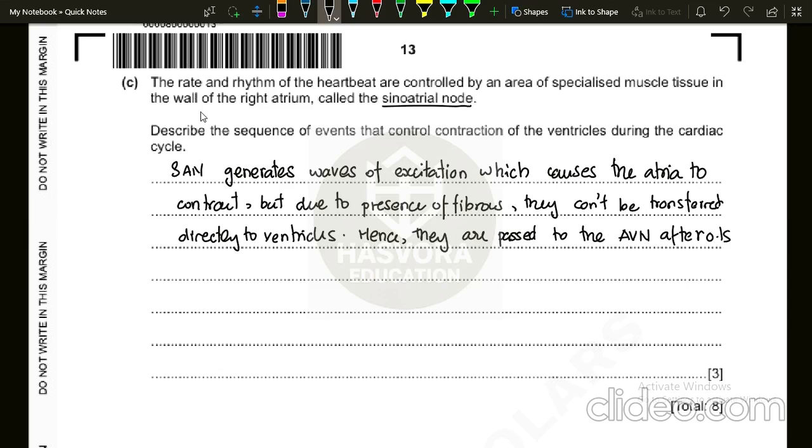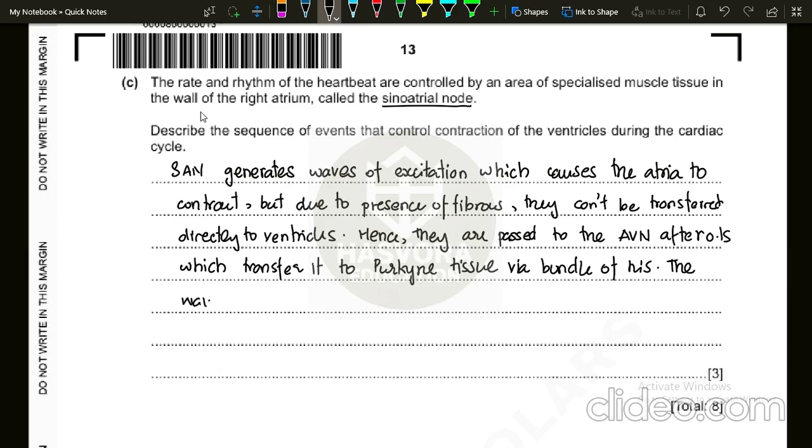So after 0.1 second, the AVN transfers it to the Purkinje tissue via the bundle of His. Then the waves of excitation reach the apex of the heart.